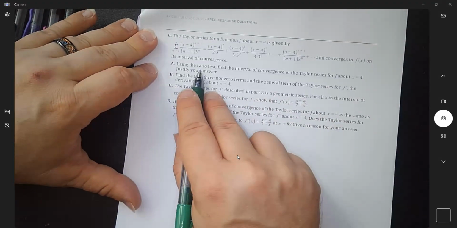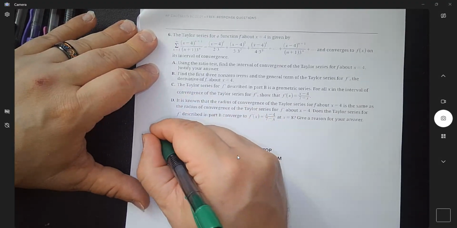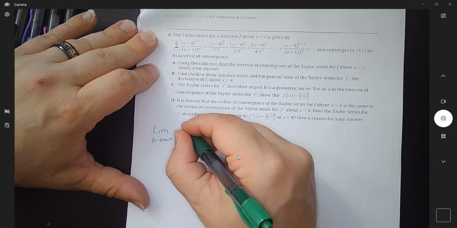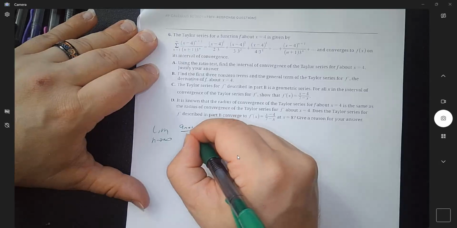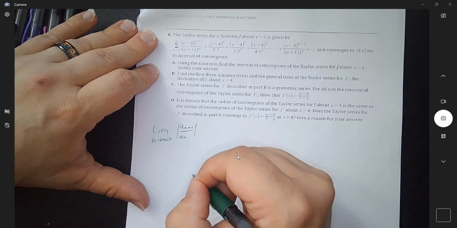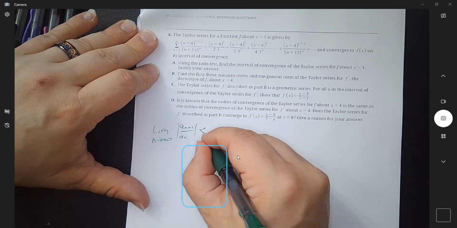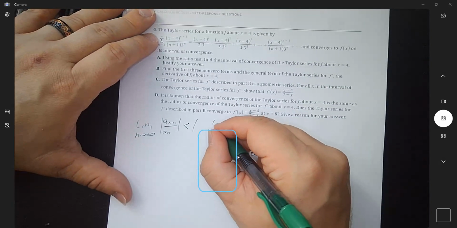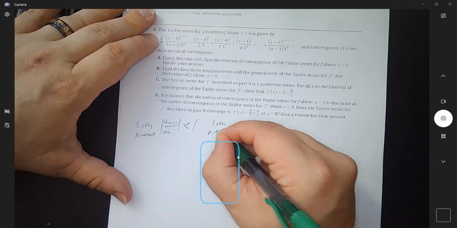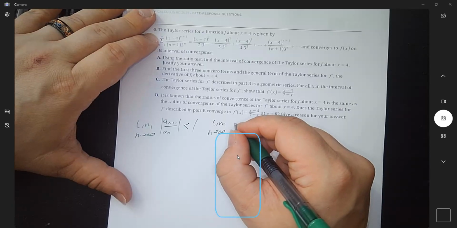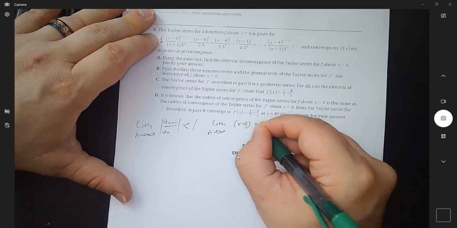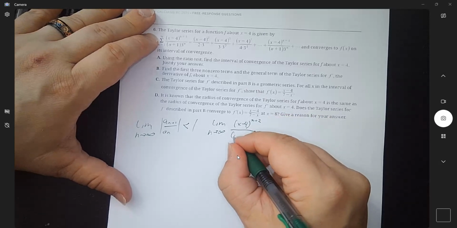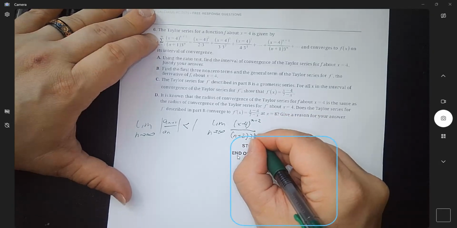My understanding is that the ratio test is you take the limit as n goes to infinity of the absolute value of a n plus 1 over a n, and to converge, that absolute value has to be less than 1. So I'm going to take the limit as n approaches infinity of x minus 4 to the n plus 2 over n plus 2, 3 to the n plus 1.